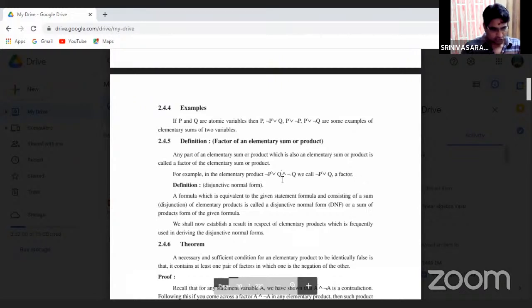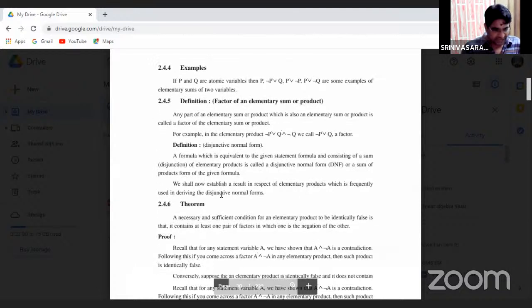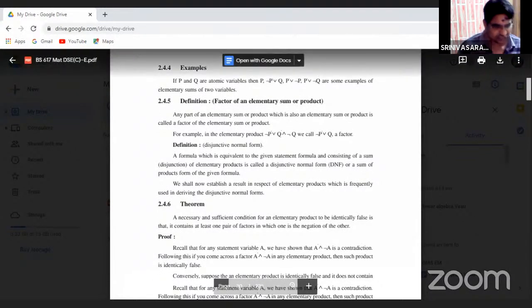So, first two statements. Now consideration, that is also here: negation P or Q and negation Q. This is also a factor. That's enough. Now the concept is disjunctive normal form. What is the disjunctive normal form?